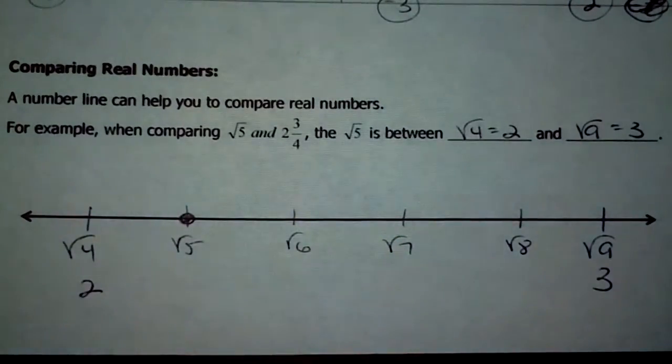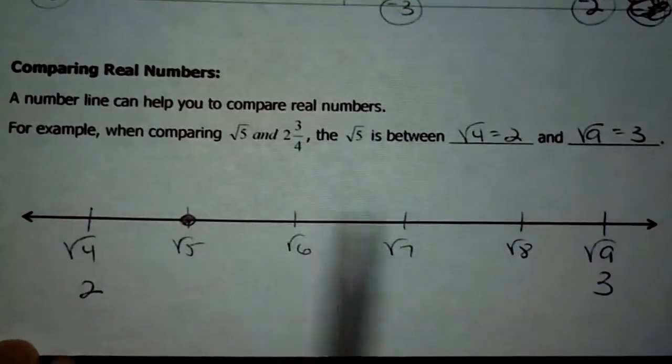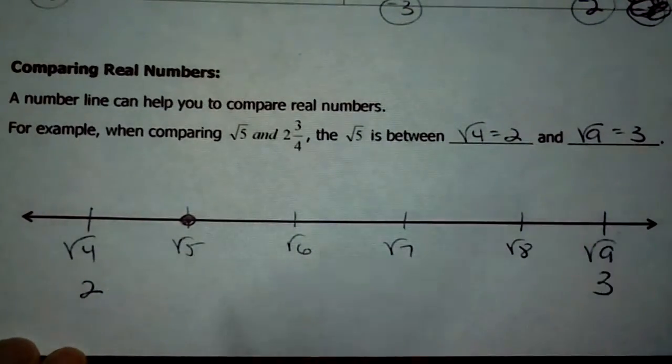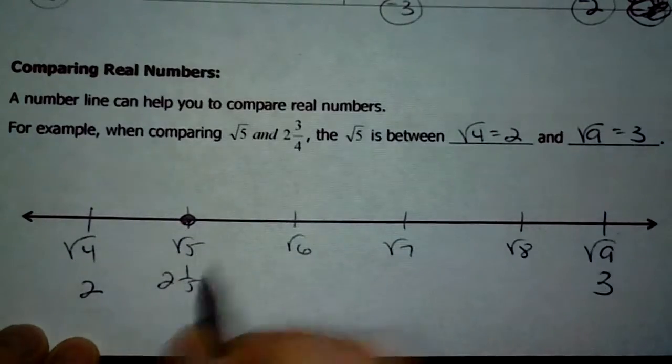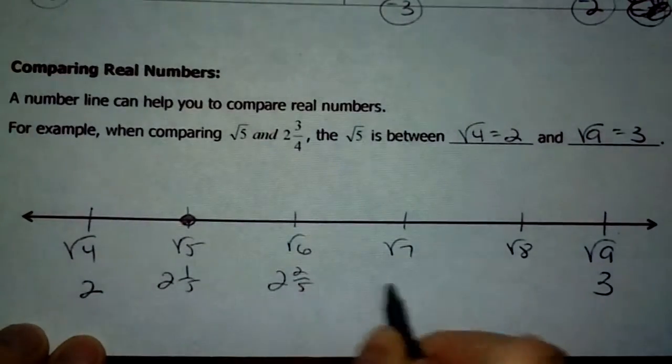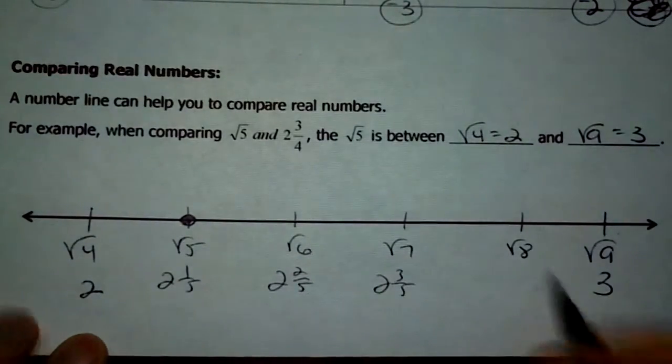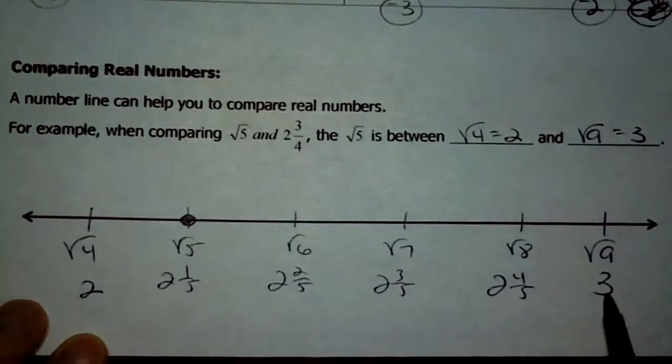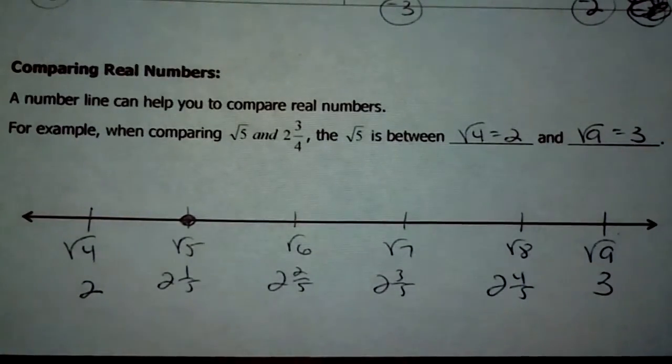And if I had 2 3/4, we kind of need to figure out what these are worth as decimals, right? We could fraction it out if we wanted. There's 1, 2, 3, 4, 5. So this right here would be 2 1/5, 2 2/5, 2 3/5, 2 4/5, and then 2 5/5 would of course make 3.